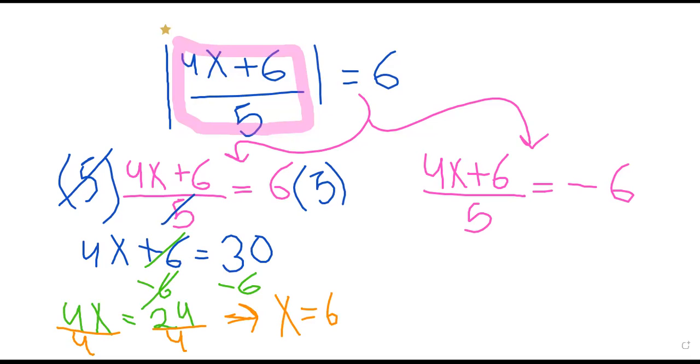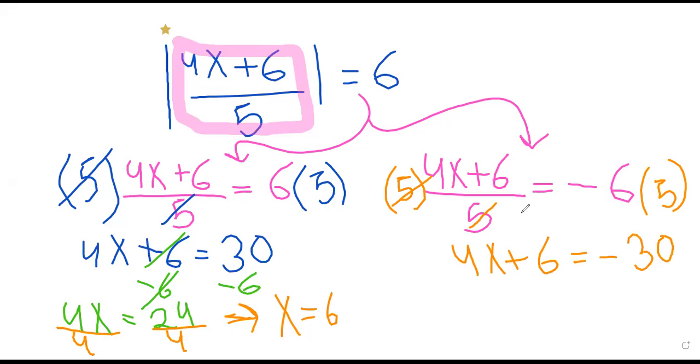Now we're going to solve the other case. The same thing, I will multiply both sides by 5. On the left-hand side, we are left with 4x plus 6 is equal to minus 30.